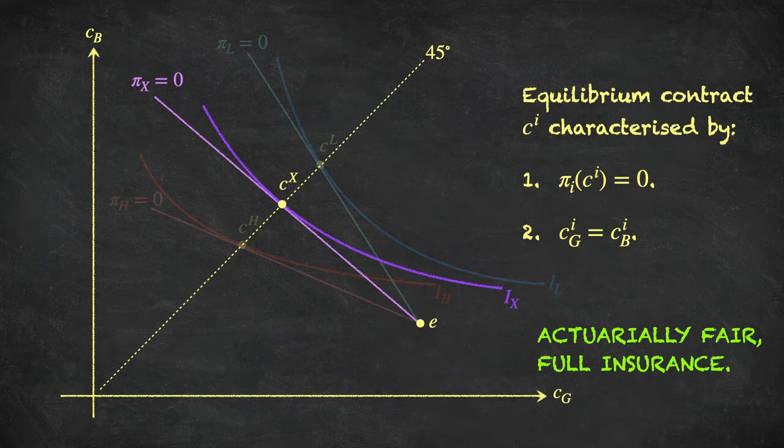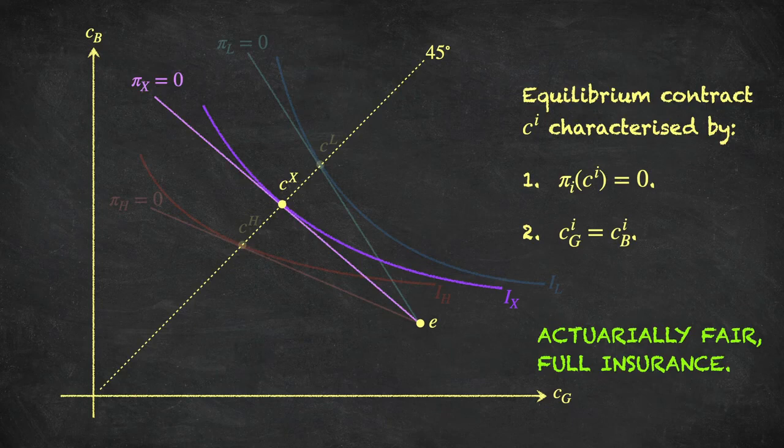And so this tangency condition occurs on the 45-degree line, where all consumers are offered full insurance. They receive the same level of consumption in both states, which is what it means to be fully insured, and they are offered this contract at the actuarially fair price.